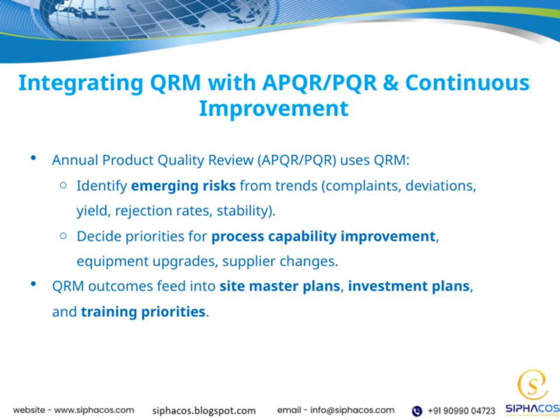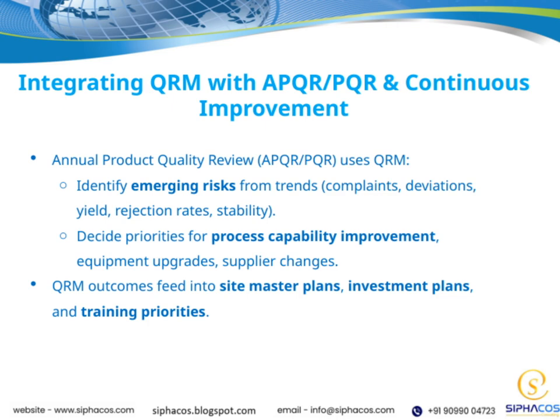By doing this, we're able to spot potential problems early and prioritize actions to improve process capability, upgrade equipment, or make changes to suppliers. The outcomes from QRM are not isolated. They actually feed directly into our site master plans, investment strategies, and training priorities. This integration ensures that our continuous improvement efforts are data-driven and aligned with our overall quality goals.